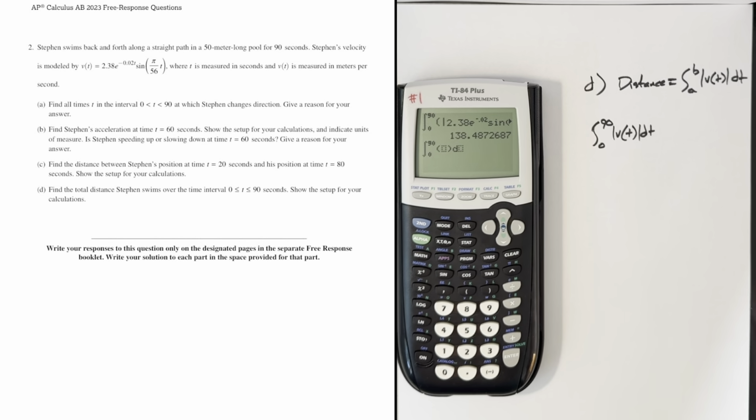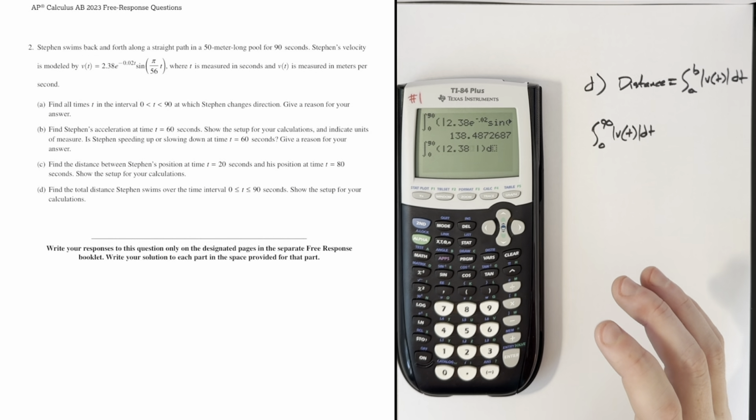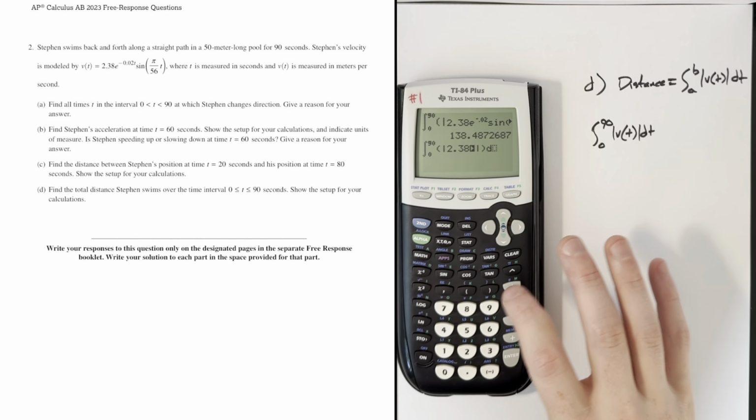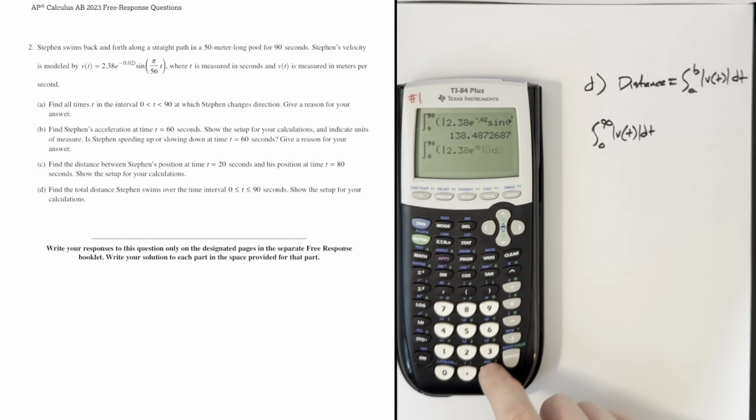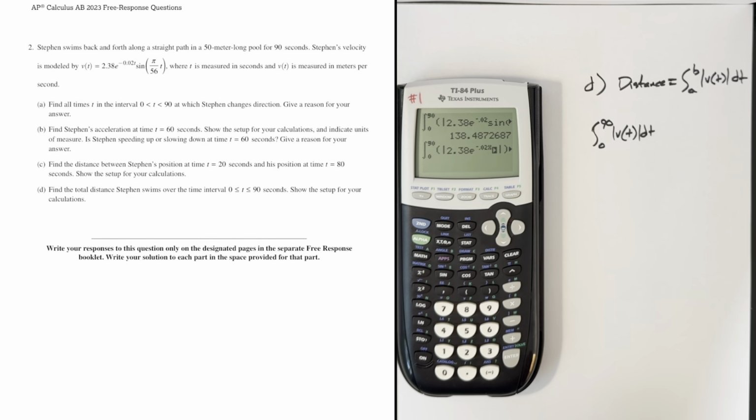And I know it's the absolute value of velocity. So I'll do math, go over to absolute value. Perfect. 2.38 times e to the negative 0.02. Okay. Oh, 0.02t, 0.02x. That's what I missed.